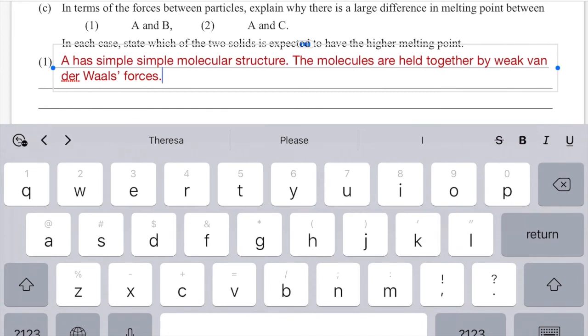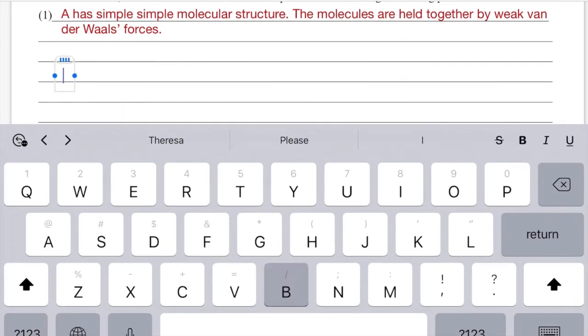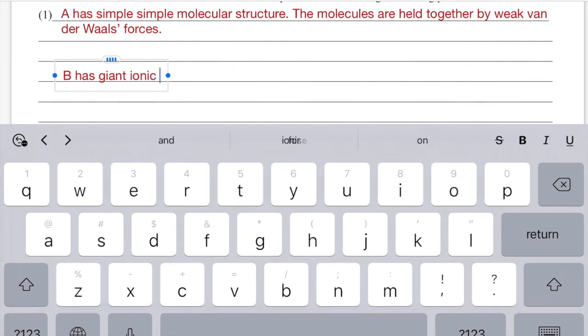Okay, so remember, after naming the structure, you need to describe the bonding, and while describing the bonding, you need to name the particles involved. So the molecules are held together by weak van der Waals forces, not atoms. Okay, and that's for A. Then to do comparison, we need to also describe the structure and bonding in B. So B has giant ionic structure.